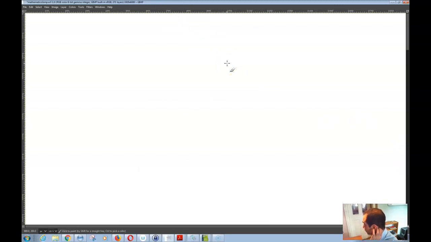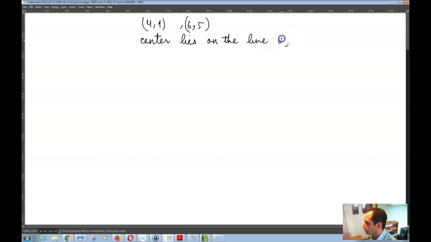Okay, find the equation of the circle passing through the points 4, 1 and 6, 5, and the center lies on the line 4x plus y is equal to 16. This is the type of question that we solved in the previous video.